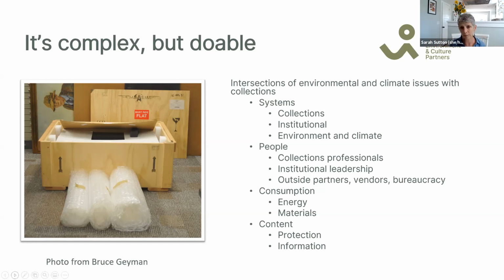There are other people probably involved, people you buy things from, other collections professionals who trained you, institutional leadership that gives you money or takes it away. There are consumption choices, how much energy to use, which materials to buy. And then there are content responsibilities, protecting the item and making sure that its information is available to the public. So all of those things go into your thinking.